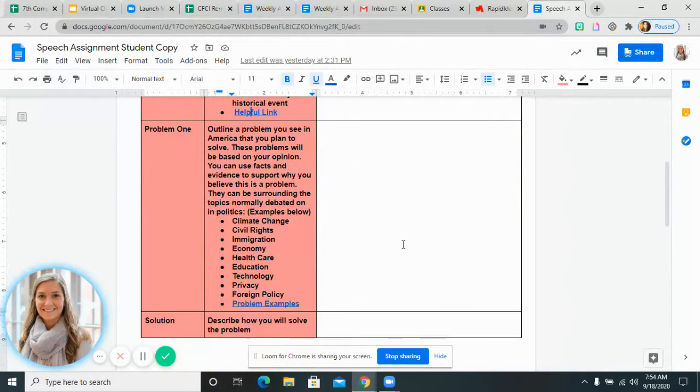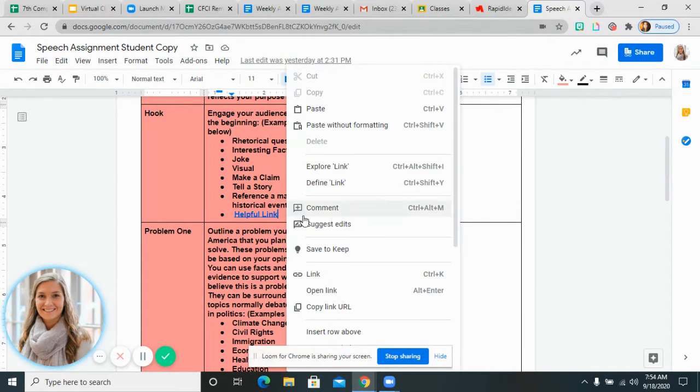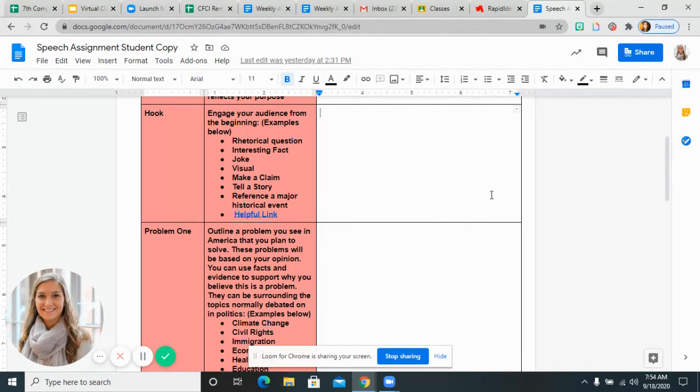And then right after you introduce your speech, you want to make this transition clear. So you want to say why you are the best candidate for the job and explain that here. So I might add a box down below this.